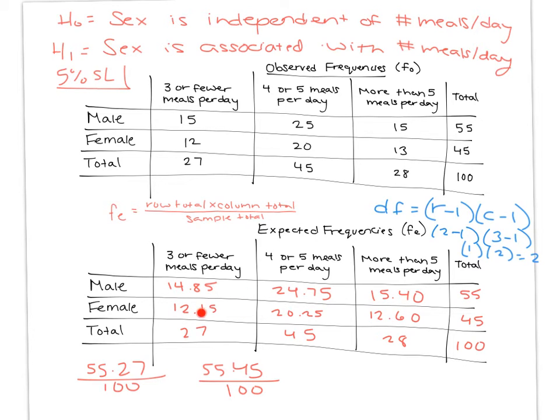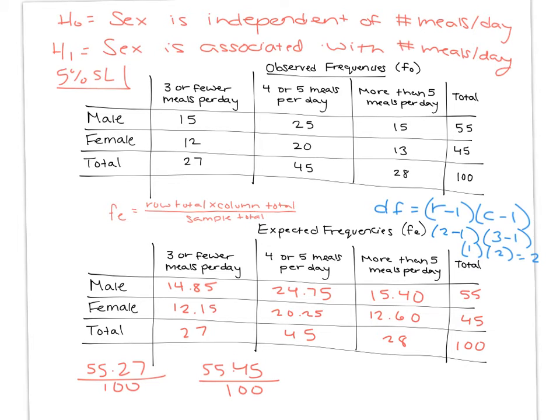The rule says that none of these expected values can be less than 1. We can check each one of them, and as we look, none of them are less than 1, so we're good there. And then the other thing that the rule says in order for this test to be valid is that no more than 20% of the expected values could be between 1 and 5.